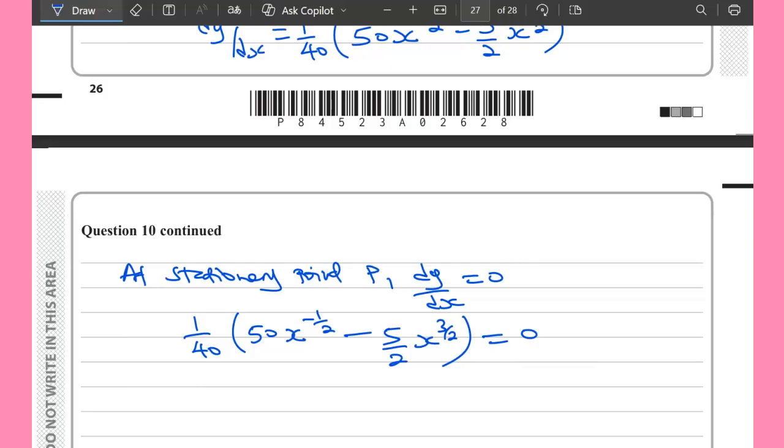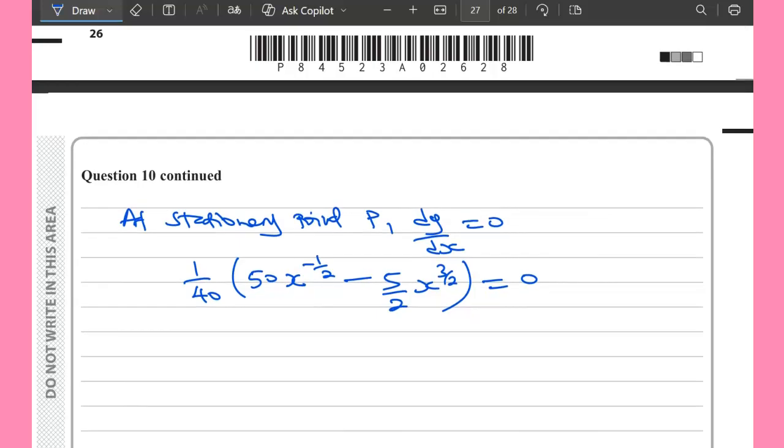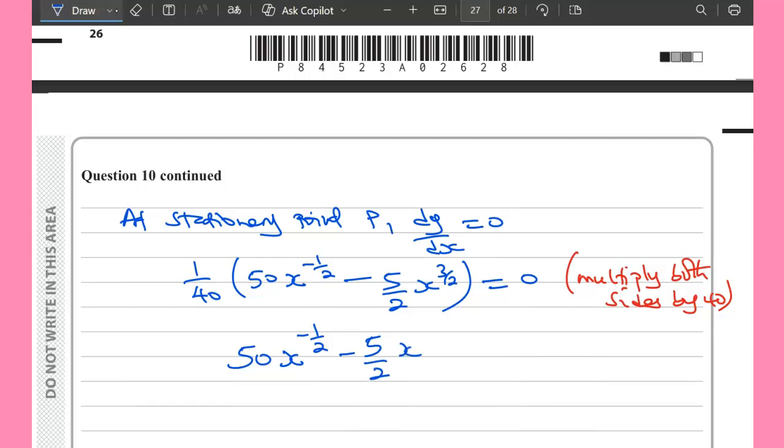What we can do here is multiply both sides by 40, so that we remain with simply 50 x power negative a half minus 5 over 2 x power 3 over 2 equals 0.